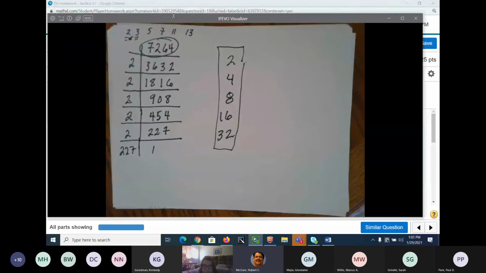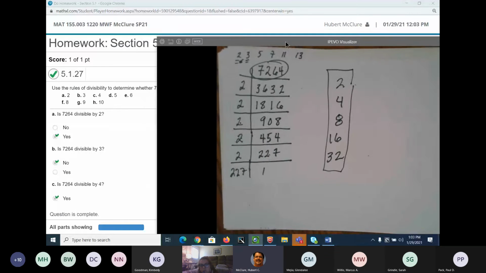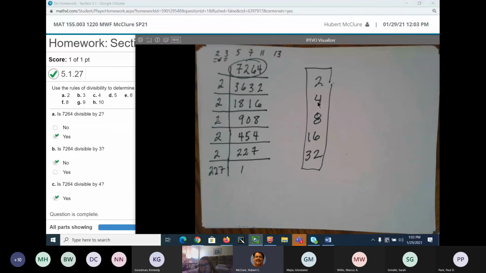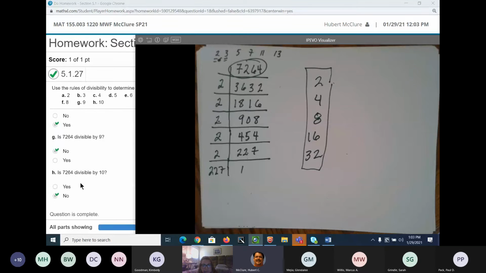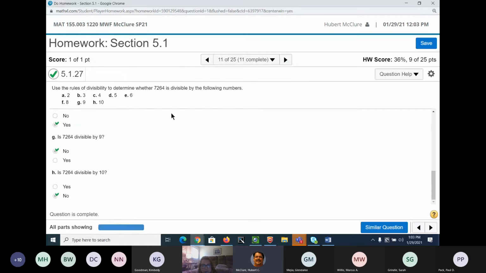Move this over. 4, yes. 5, I don't see one. 6, I don't see one. 8, yes. 9, don't see one. And 10, don't see one. And that's how you do that problem.